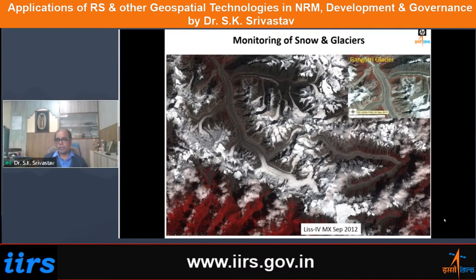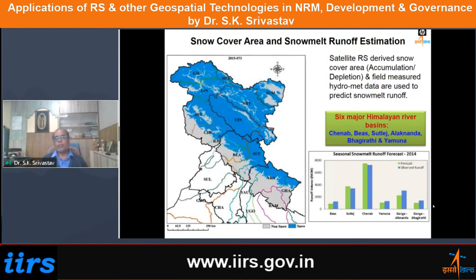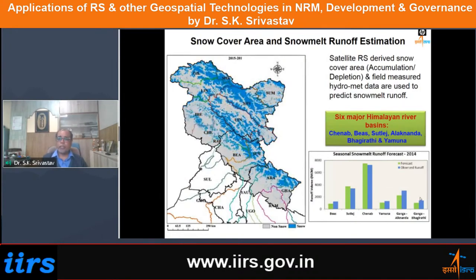Today the forecasting in the Himalayan basins is done in 6 major basins: Chenab, Beas, Satluj, Alaknanda, Bhagirathi, and Yamuna.